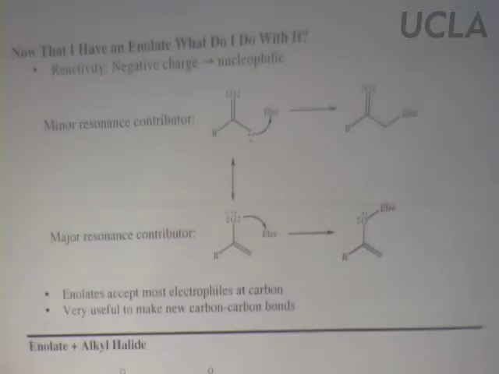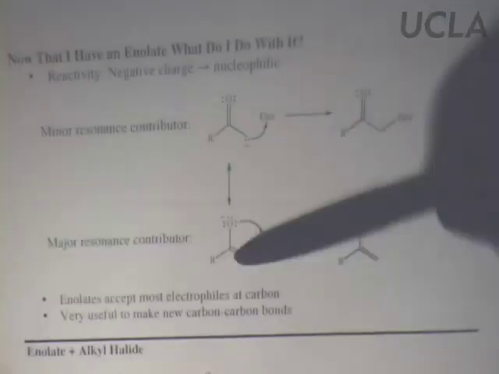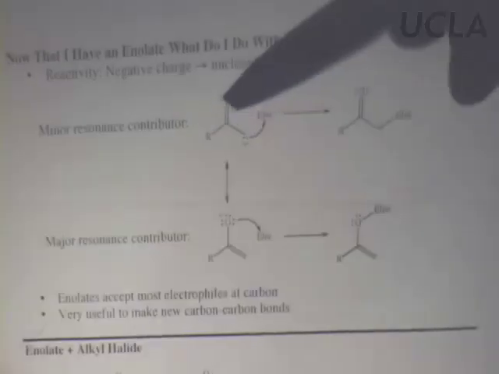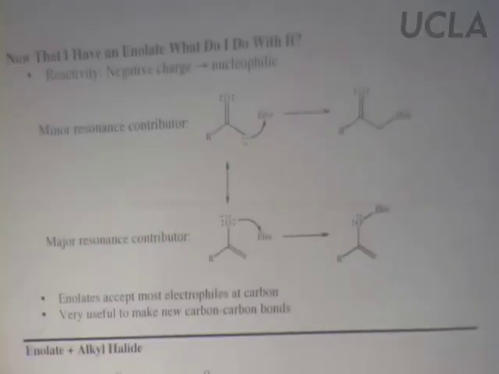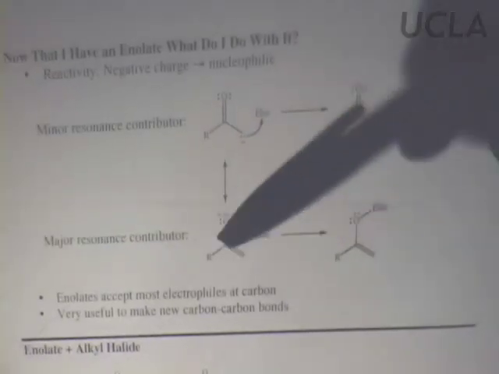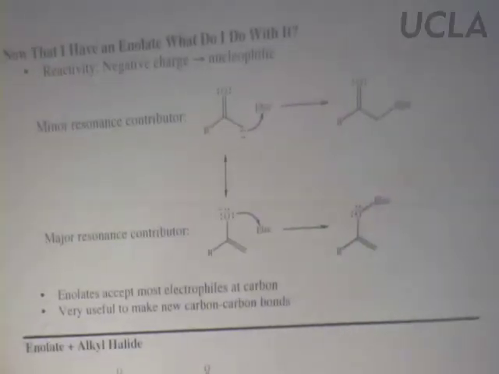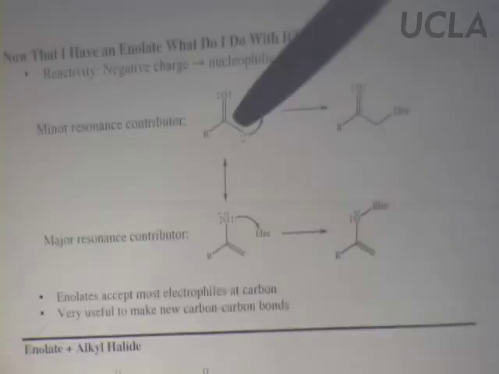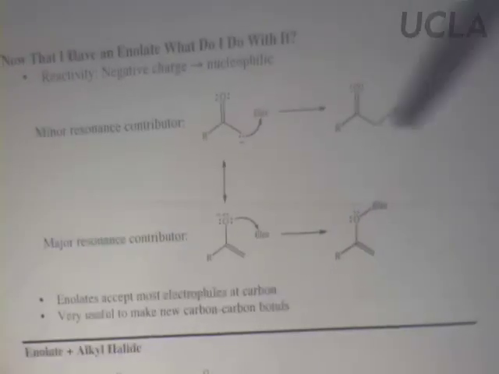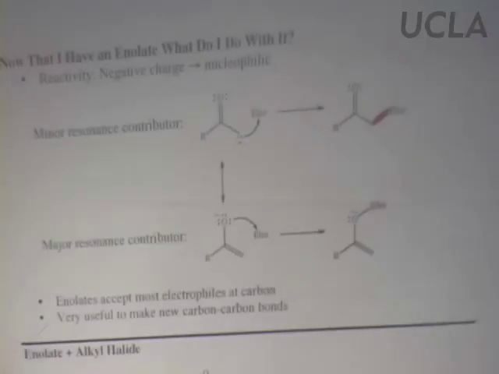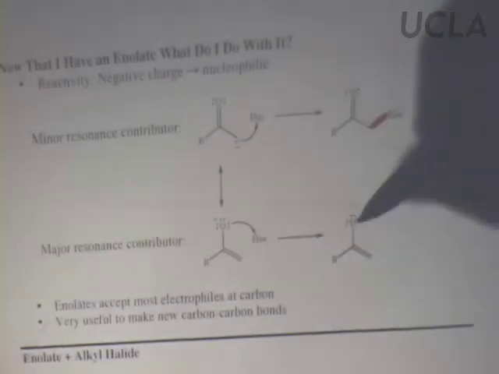But that brings up a question. Because there are two important resonance contributors, the carbanion and the oxyanion, maybe we could form the new bond at two different places. If we use the carbanion contributor, we make a new bond on the alpha carbon right there. If we use the oxyanionic contributor, we make a new bond to oxygen right there.